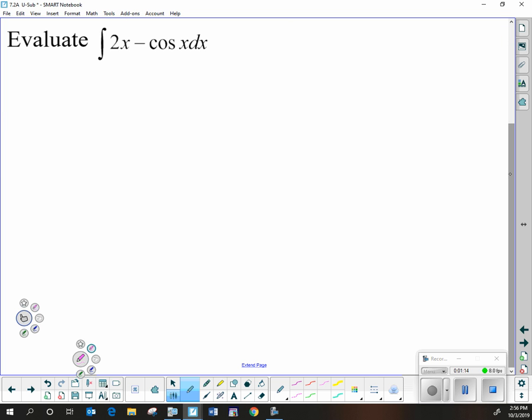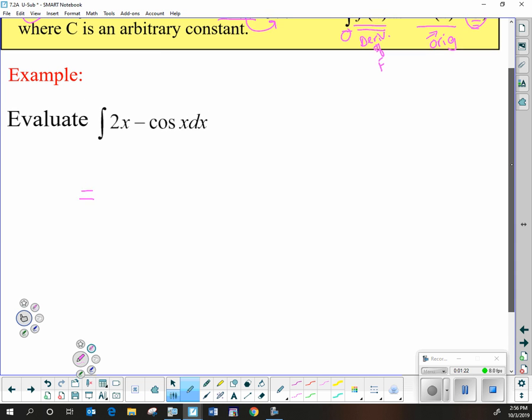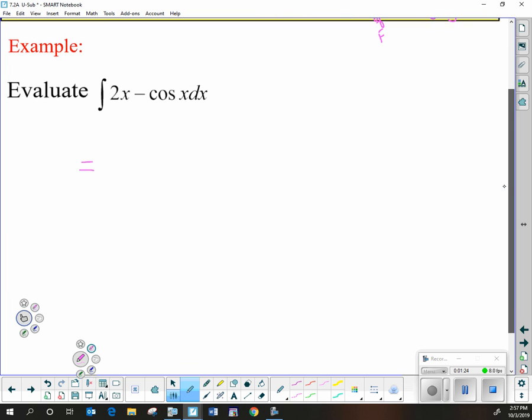So this one is just a nice straightforward basic integration. Remember the power rule where we, oops, I might have covered up the power rule. Let's just go ahead and use the power rule though. I'm going to take this to an x squared.